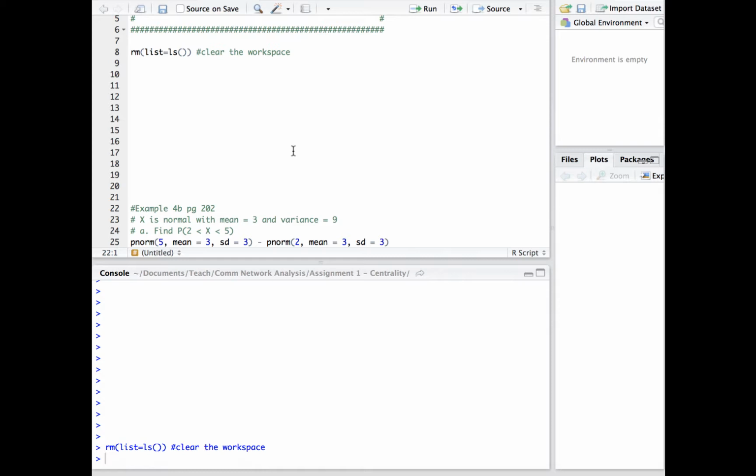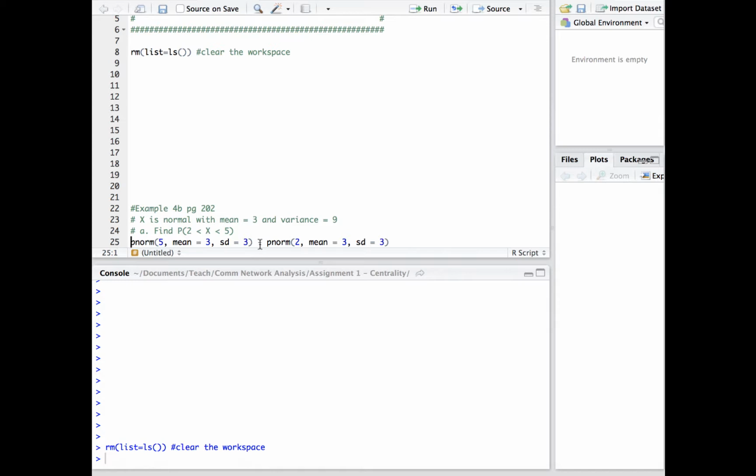So we use the pnorm command here, and we're going to enter in 5. This is using the distribution function, so it tells us the probability that a randomly sampled variable is going to be less than or equal to 5. The mean is defined as 3, and the standard deviation is defined as 3 because the square root of the variance is 3.